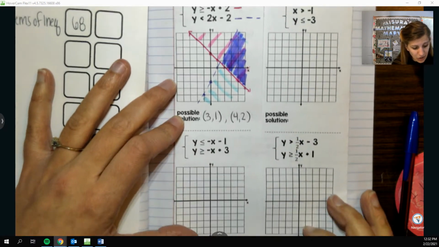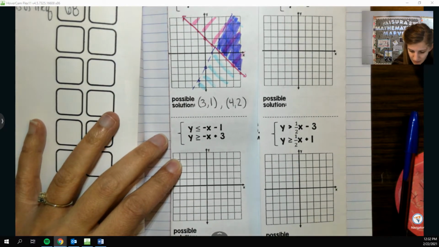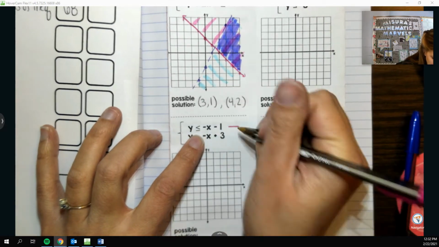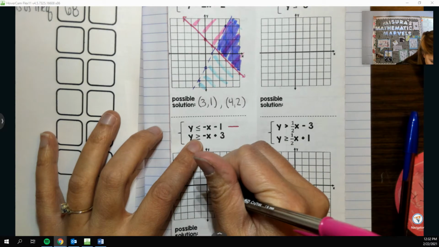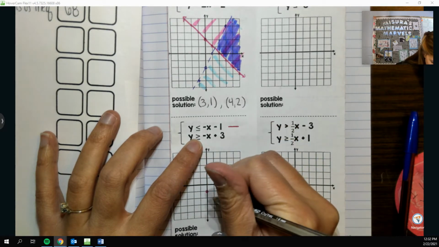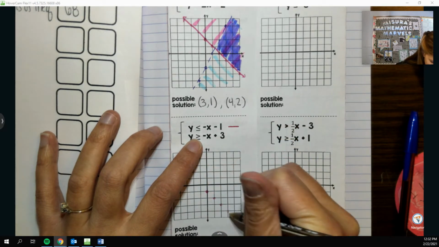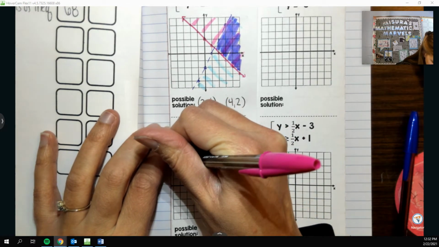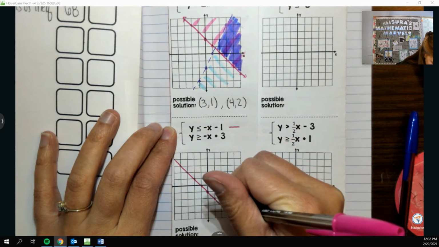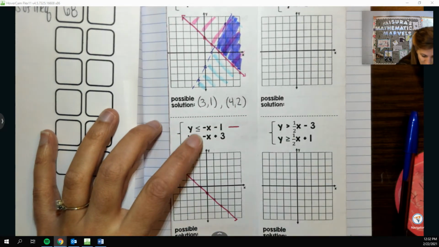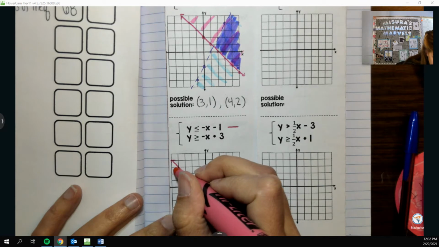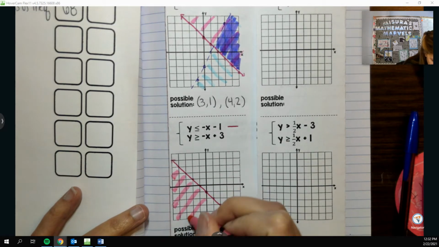Okay, so if we try this one below, this first line I'll do in pink. That'll be a solid line starting at -1 with a slope of -1, so down 1 over 1. Again, a solid filled in line because the line is under, and I'm going to shade below because it's less, so that's all this stuff down here.